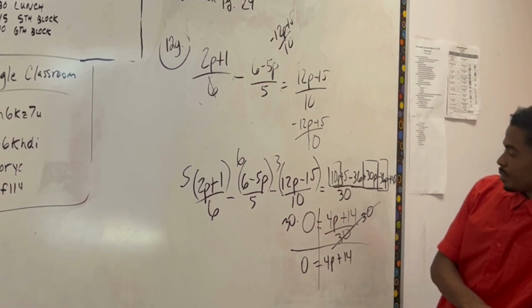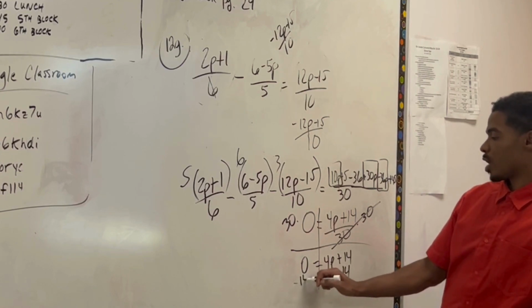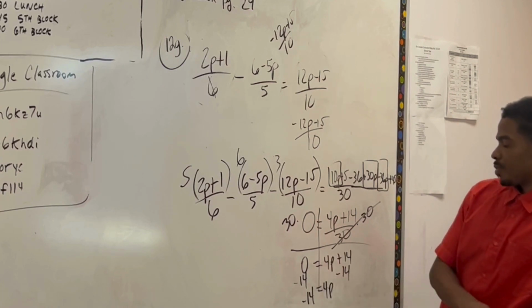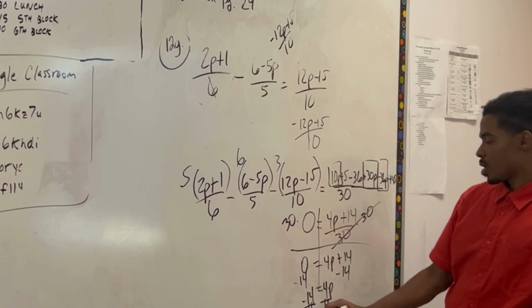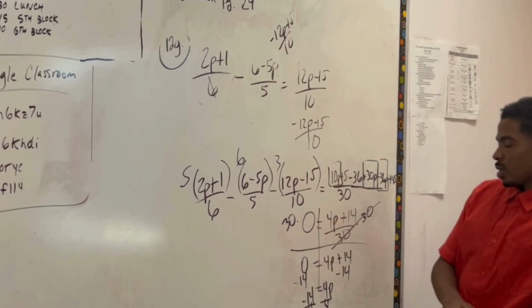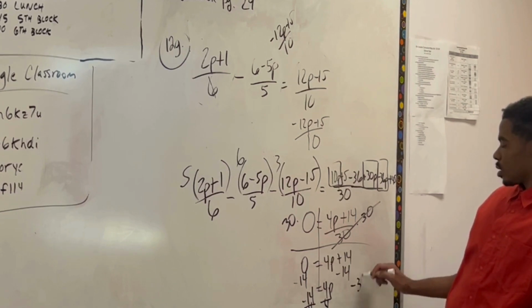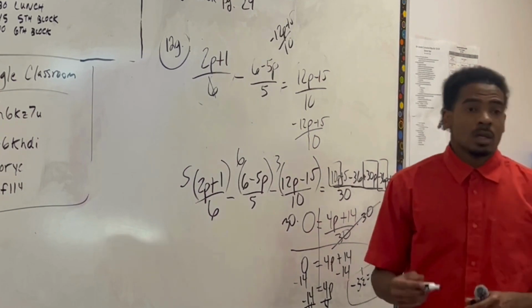Okay. So subtract 14. Subtract 14. So that's negative 14 equals 4p. Good.